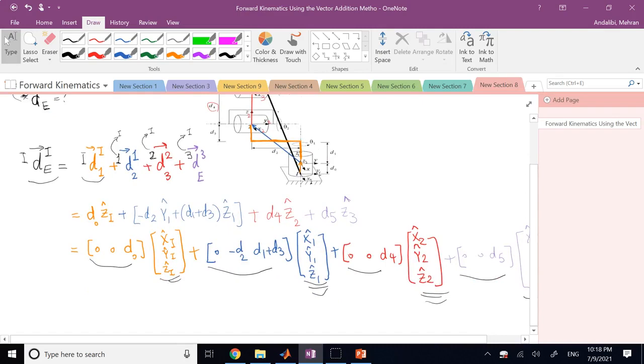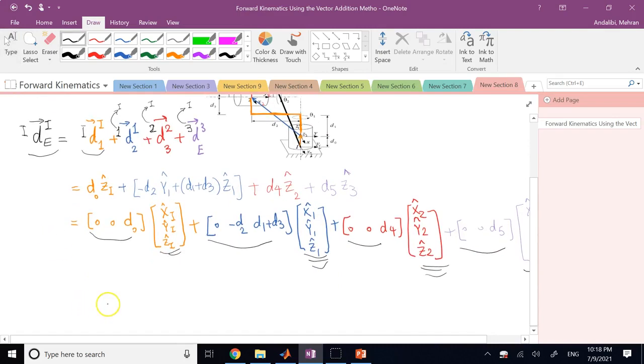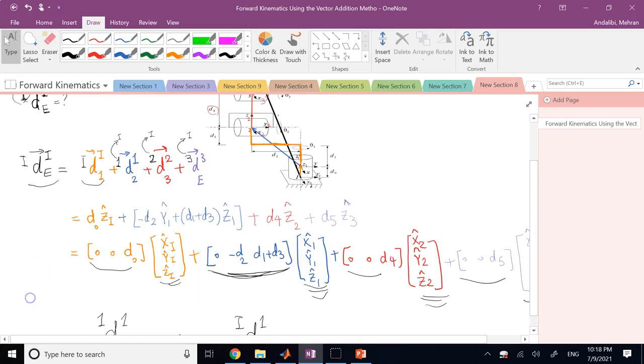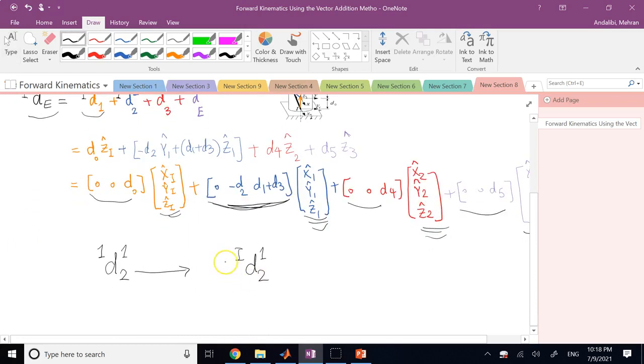Well, the question is, you see here, I have d of 2 with respect to 1 written in 1, which is this guy here. How can I convert it into d of 2 with respect to 1, but written in I? That's what I need. How can I do that?